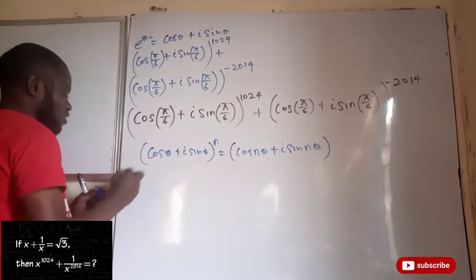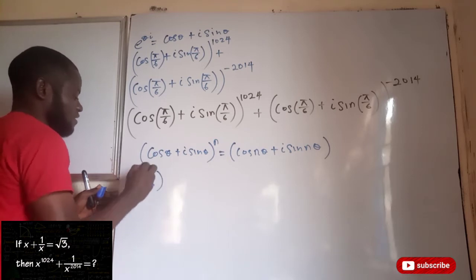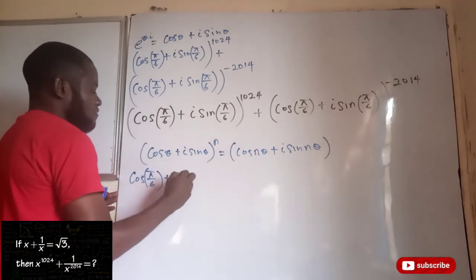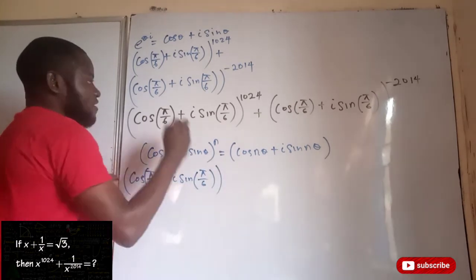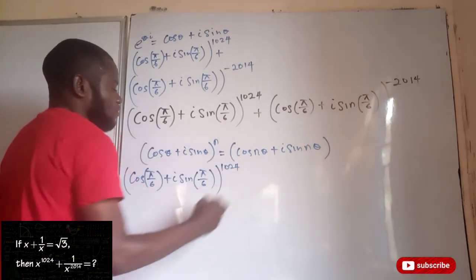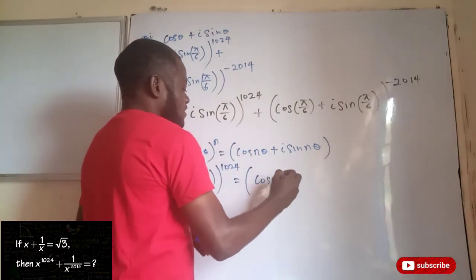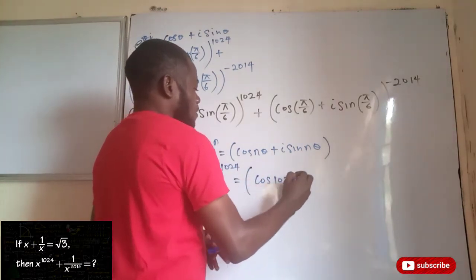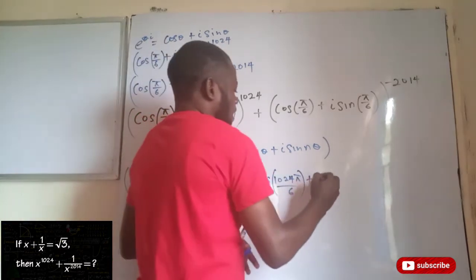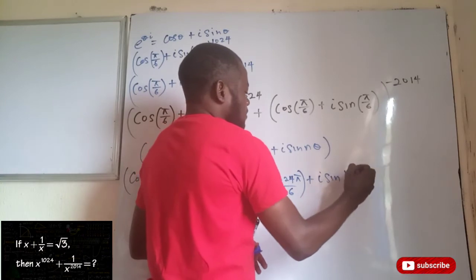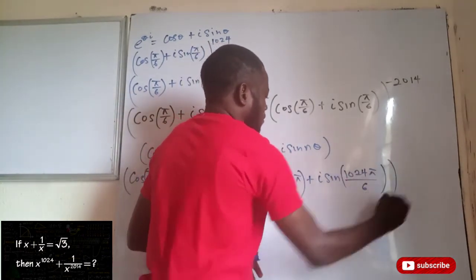So if this is what we have, cos of pi over 6 plus i sine of pi over 6 all raised to the power of 1024, this will become cos of 1024 pi over 6 plus i sine of 1024 pi over 6 as well.